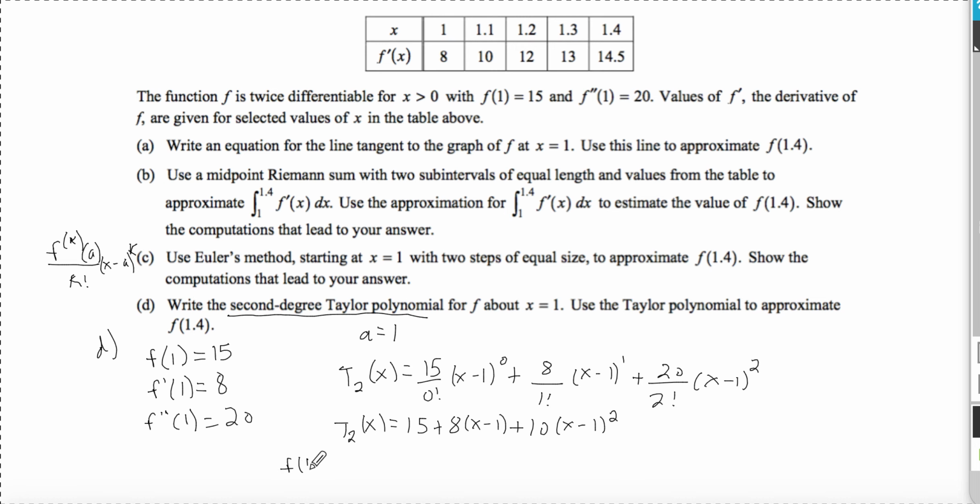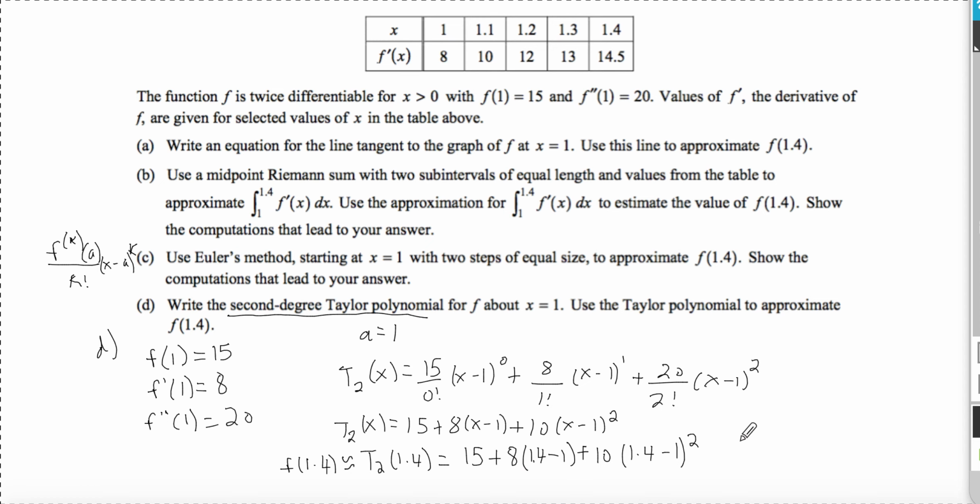So f of 1.4 is going to be approximately t sub 2 of 1.4, which is 15 plus 8 times 1.4 minus 1, plus 10 times 1.4 minus 1 squared.